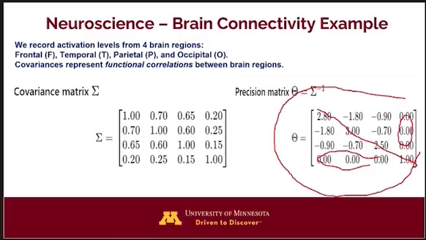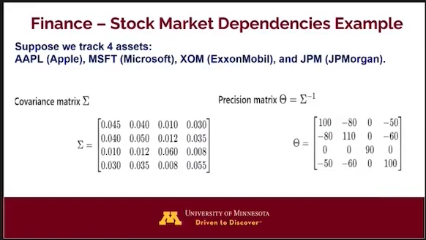I'm going to go into another example. This time around, I want to talk about stock market dependencies, with four assets: AAPL (Apple), Microsoft, ExxonMobil, and JP Morgan. There's a possibility somebody could hold an asset in all of these.